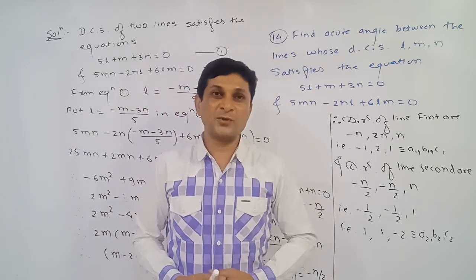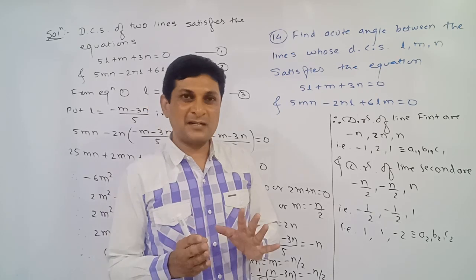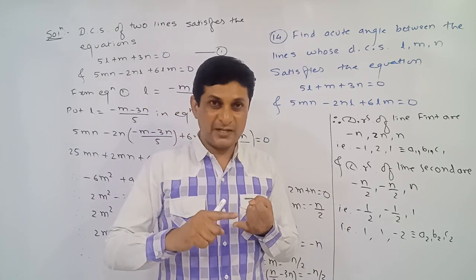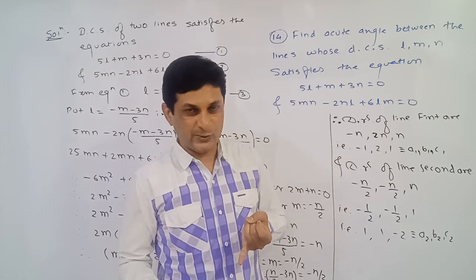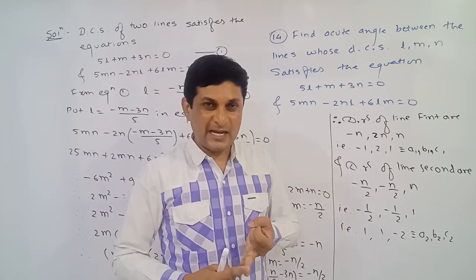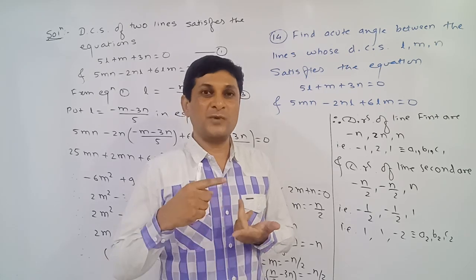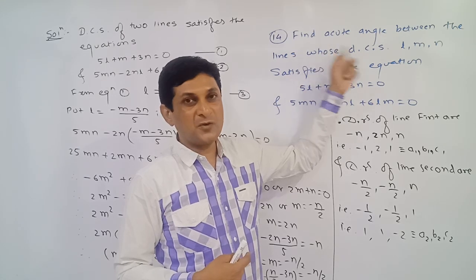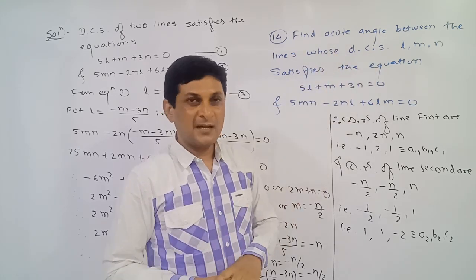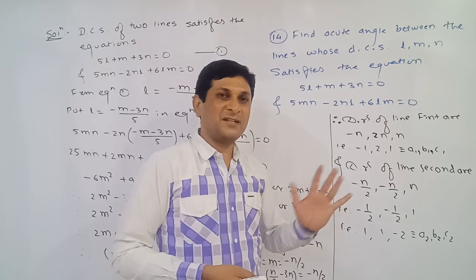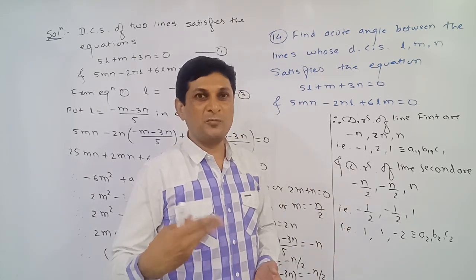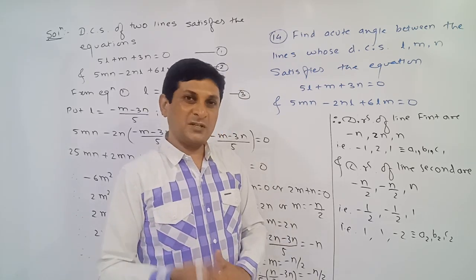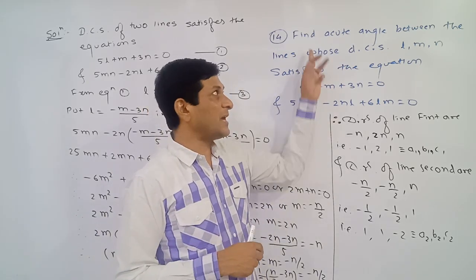If direction ratios of two lines are known to us, many results are related to them. Using direction ratios, we are able to find direction cosines, to show that lines are perpendicular or parallel, or to find the angle between two lines. Here we have to find the angle between two lines. As we are studying vectors, we have not studied the formula related to direction ratios, which we study in the next chapter. Now, using the vector method, we are trying to find the angle between two lines.